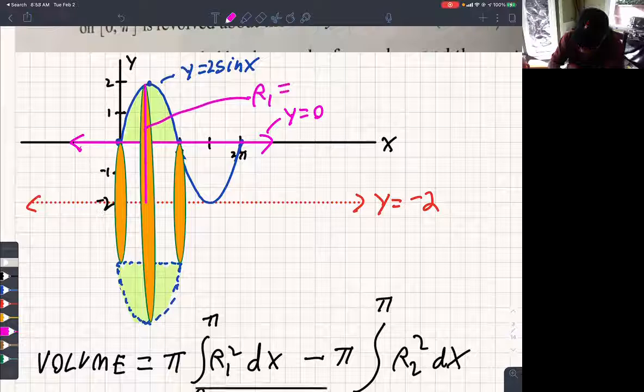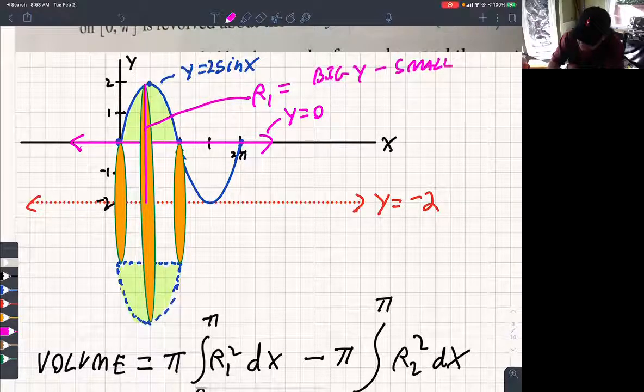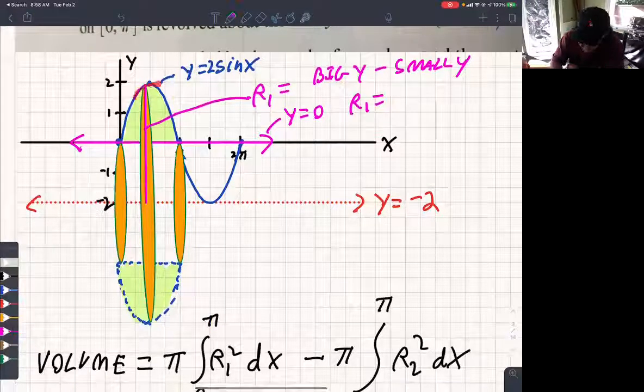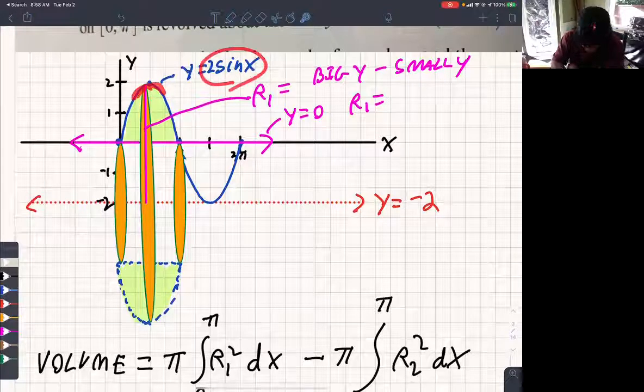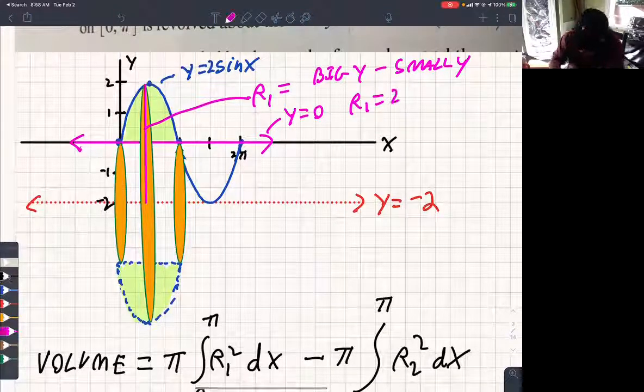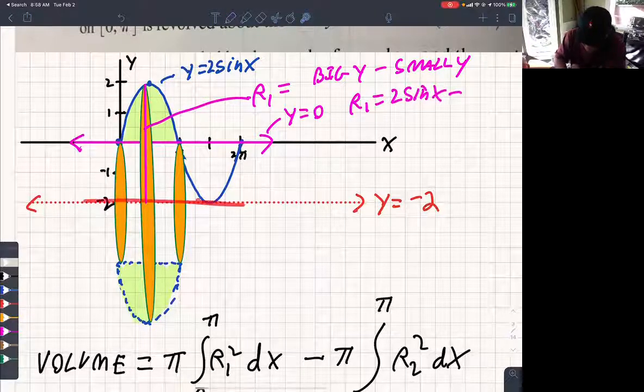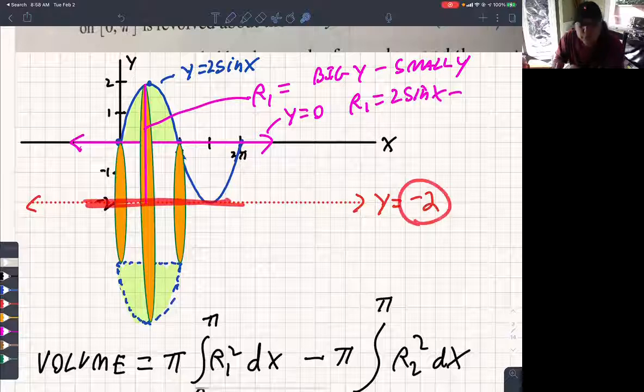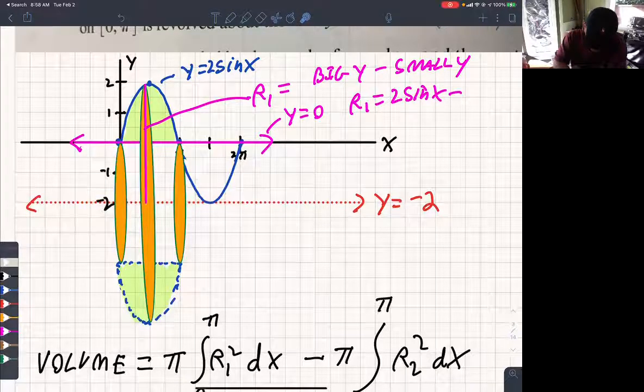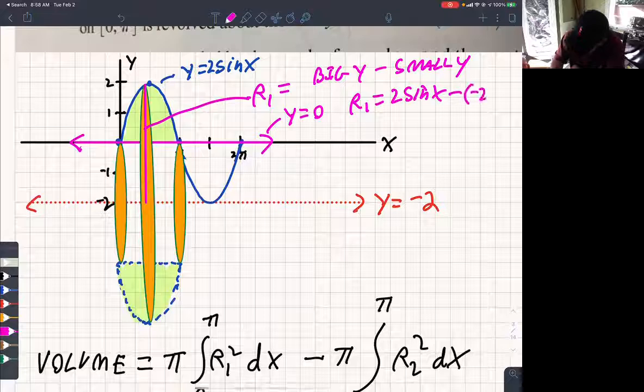And that's going to be big Y minus small y. So R1 will be big Y, the higher one, 2 sine x, minus small y, this line here, which is -2. So that's going to be 2 sine x plus 2.